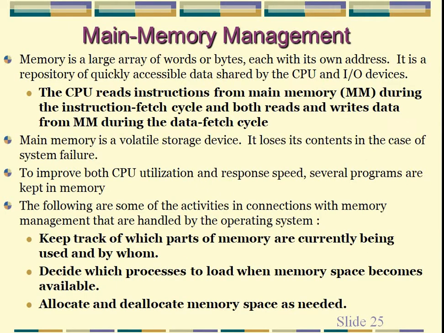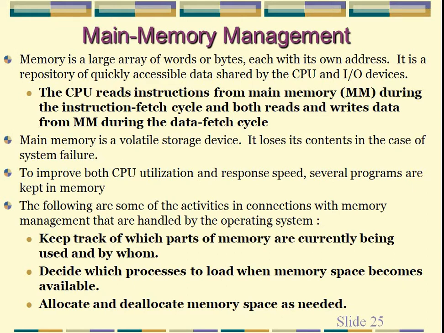Next, main memory management. Basically, there are two types of memory, that is main memory or primary memory, and secondary storage or secondary memory. In that, main memory is a large array of words or bytes, each with its own address.